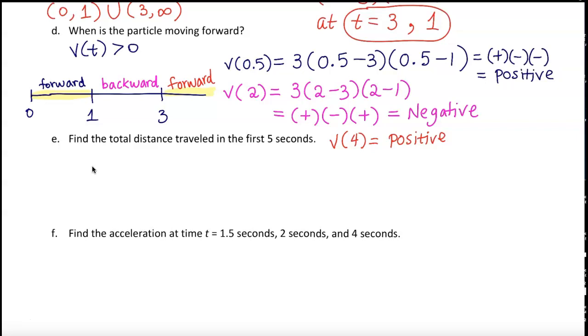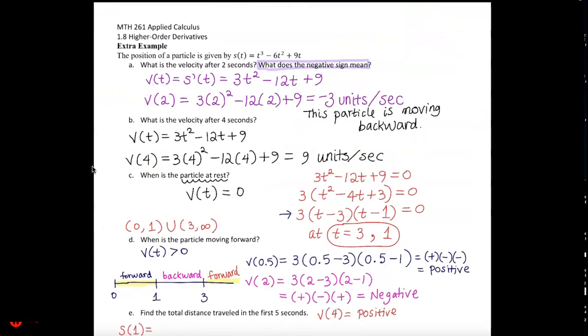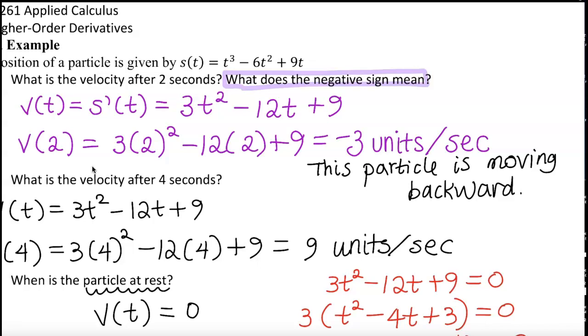Who knows, maybe I can just plug in t equals 5 into s of t, but I don't want to risk it. I want to do it the longer way. I think I'm going to use the fact that this is moving forward. So how about I do s of 1? I want to know the position of this particle at 1 second. Let me go ahead and copy the function down here because it's way up there. I just want to copy it so that I don't have to scroll up every time I'm trying to use it.